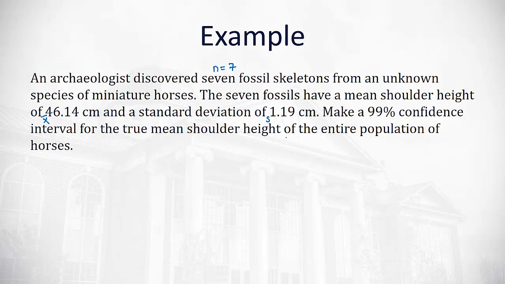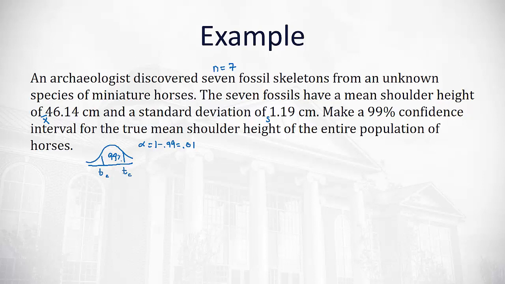We're going to make a 99% confidence interval for the true mean shoulder height of the entire population of horses. As we did before, we can draw a little picture where we want 99% in the center. Alpha, the tails, is 1 minus 0.99, or 0.01 in the tail.